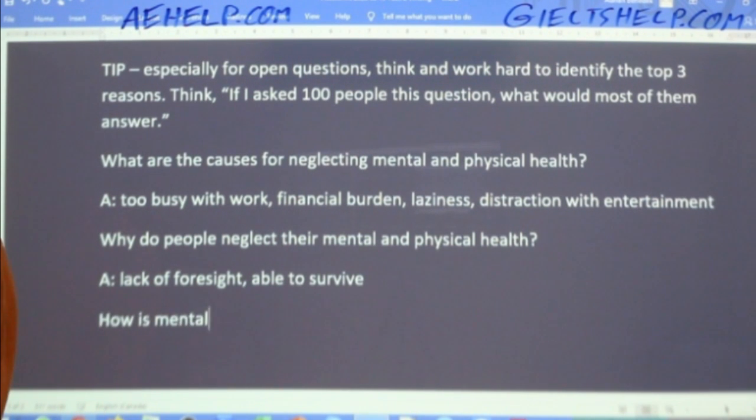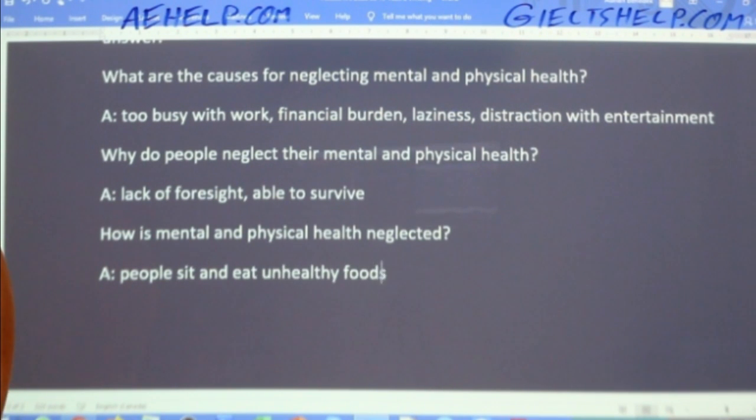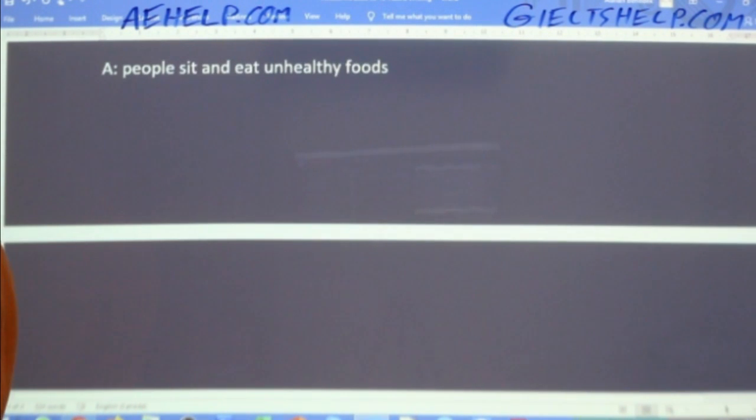So how is mental and physical health neglected? Okay, just some quick answers here so we move along. Okay, so people sit and eat unhealthy foods. And so that's for physical, of course, and mental.